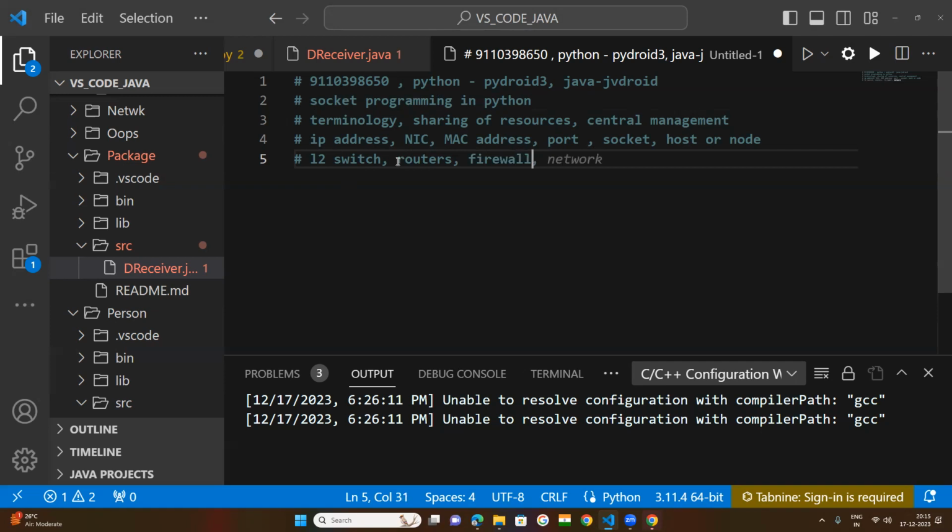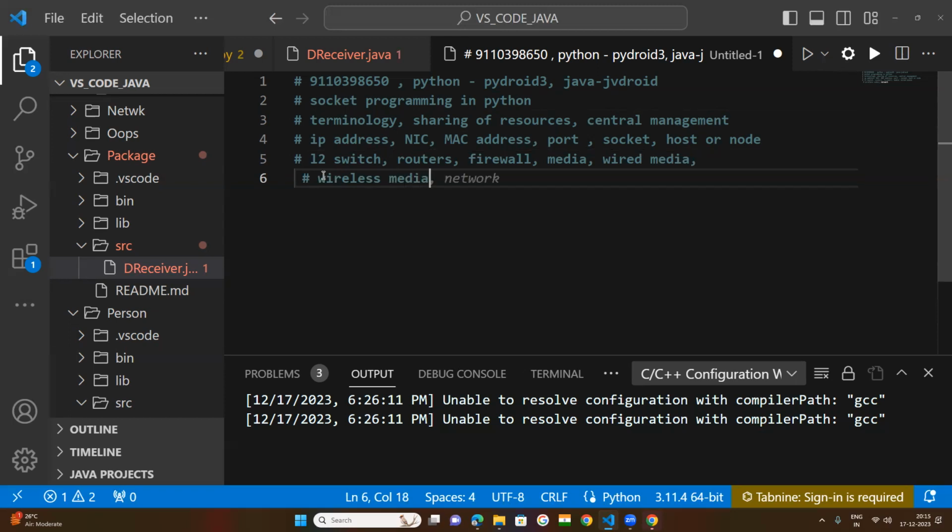After that, media. Media is what? Wired media, wireless media.